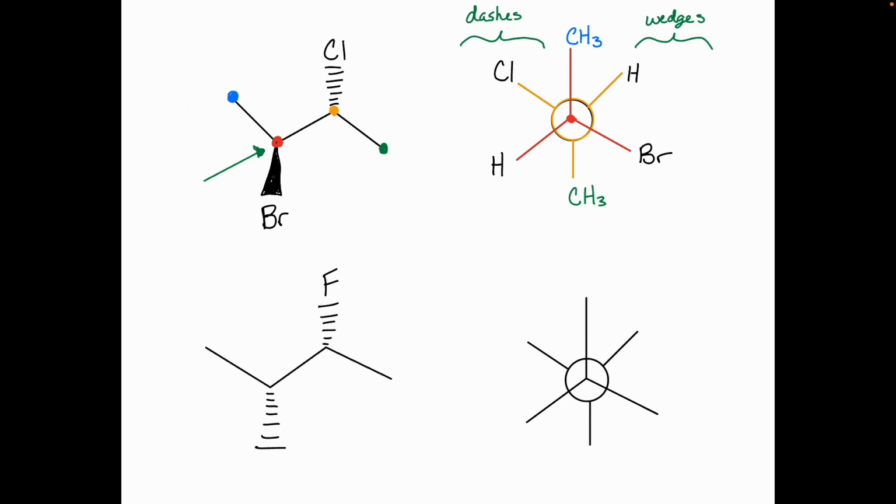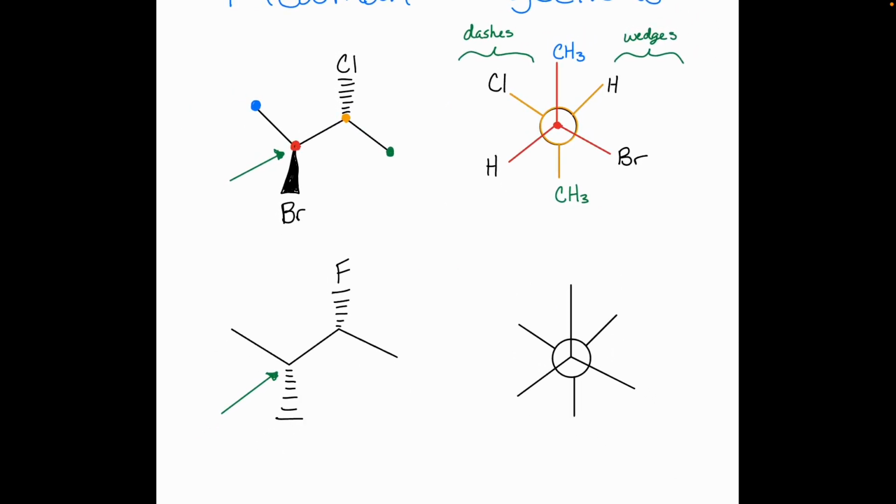All right, and again, same idea. You're going to give me the Newman projection of this molecule looking down that C2-C3 bond. See if you can fill in that Newman projection with the proper labels.